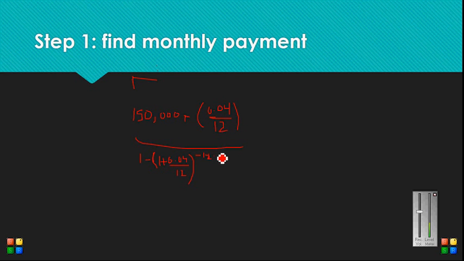But this time it would be multiplied by 30 because we're doing it for 30 years. And this would actually give us an amount of $716.12. So your monthly payment for this loan is $716.12.